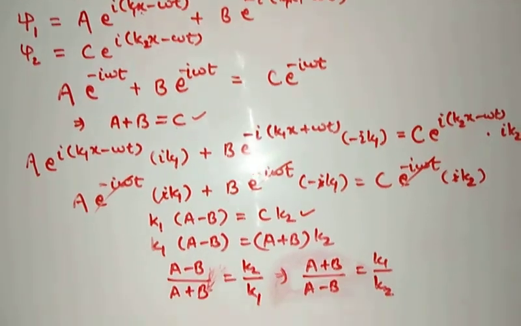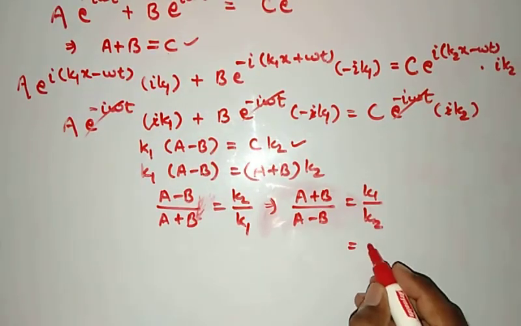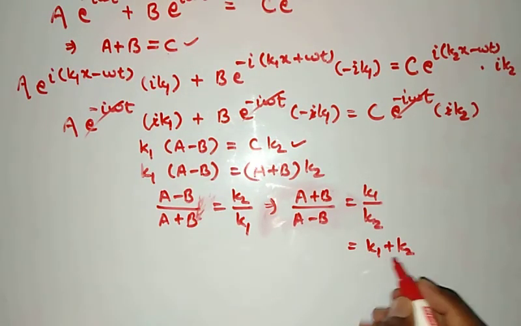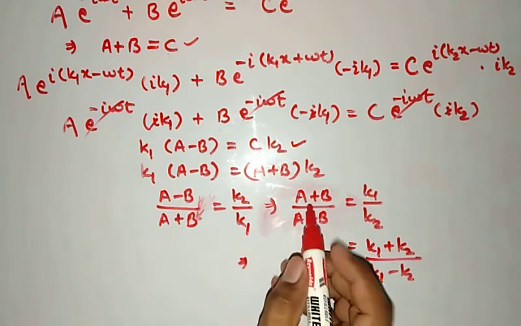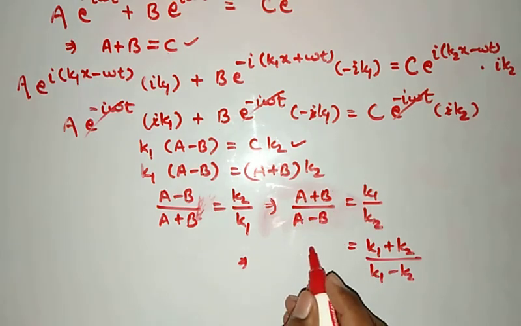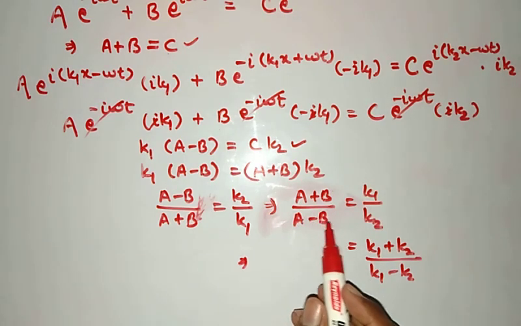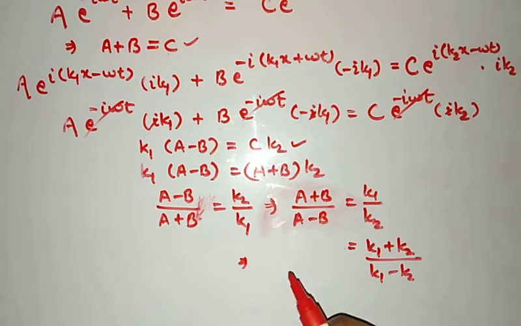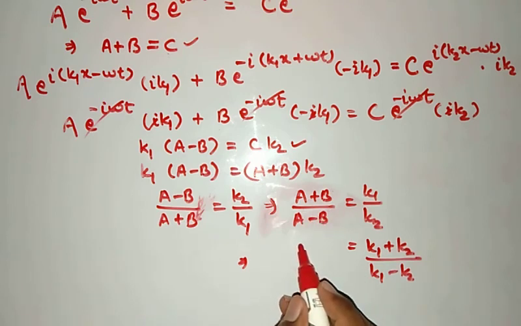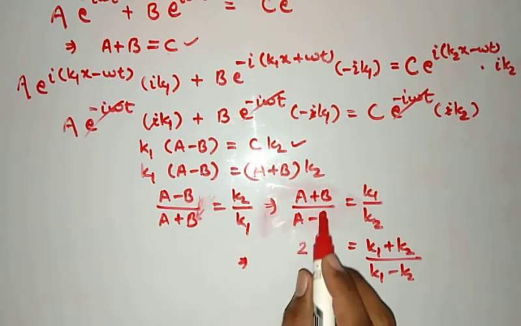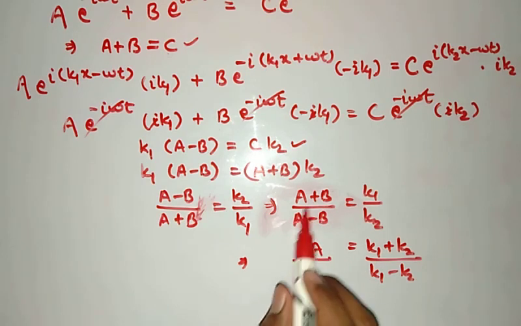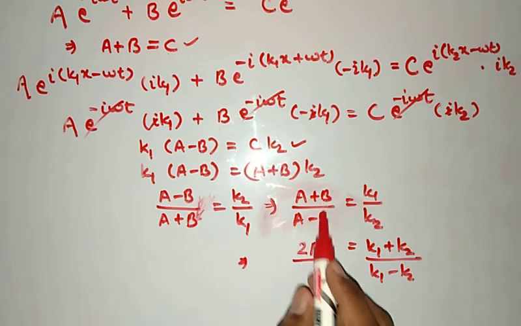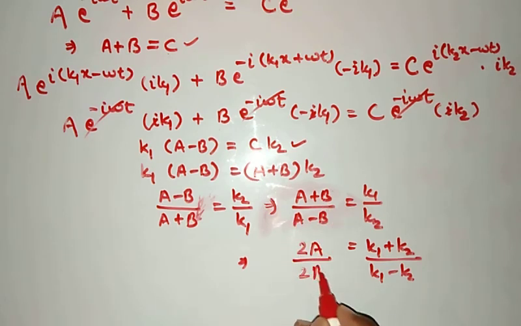So this will be k1 plus k2 and k1 minus k2, where for plus you will get 2 times A, and the value will be minus A plus B minus A plus B, so we will get 2B.